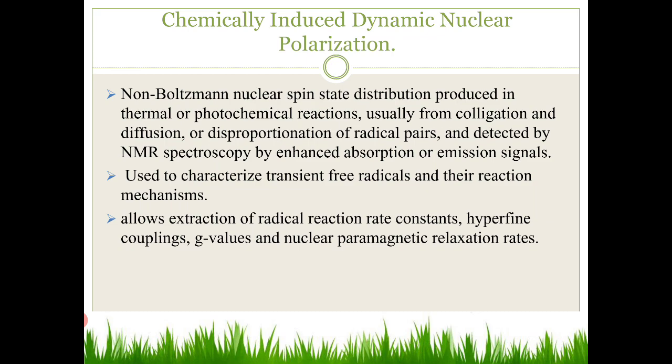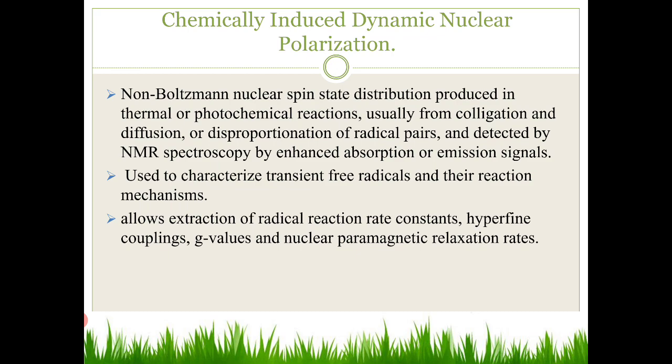Hyperfine coupling, actually it is in electron paramagnetic resonance. Hyperfine coupling means it is about the small shift or splitting in the energy level of atoms or molecular ions due to the interaction between the state of the nucleus and the state of the electrons.